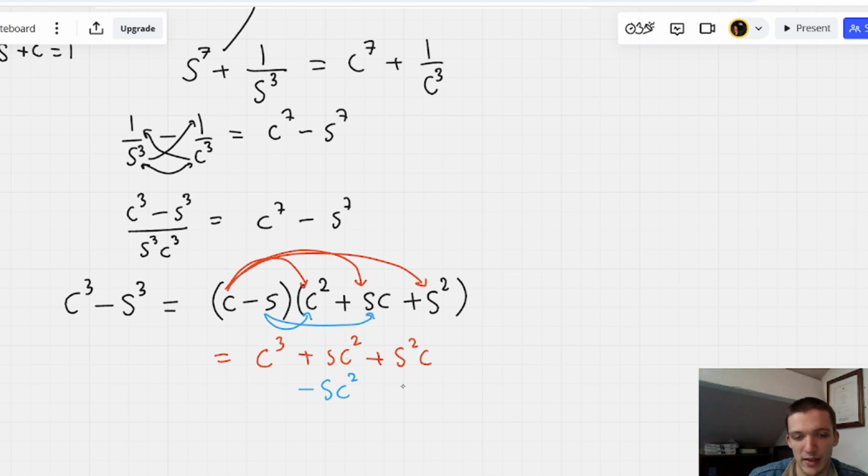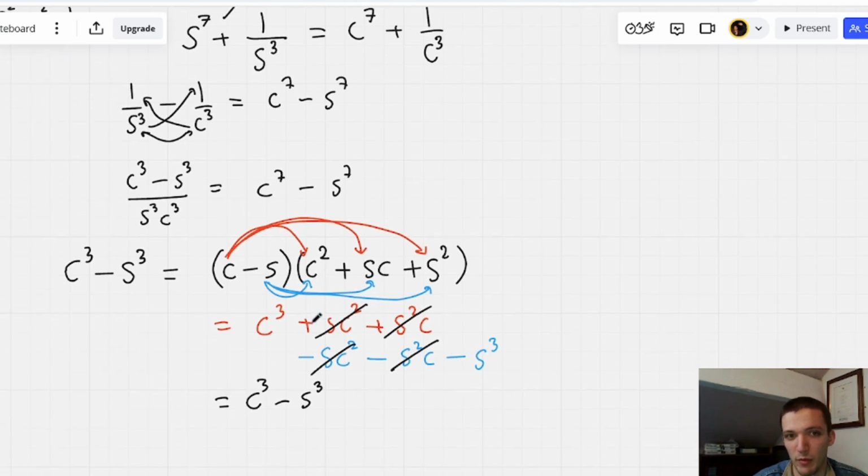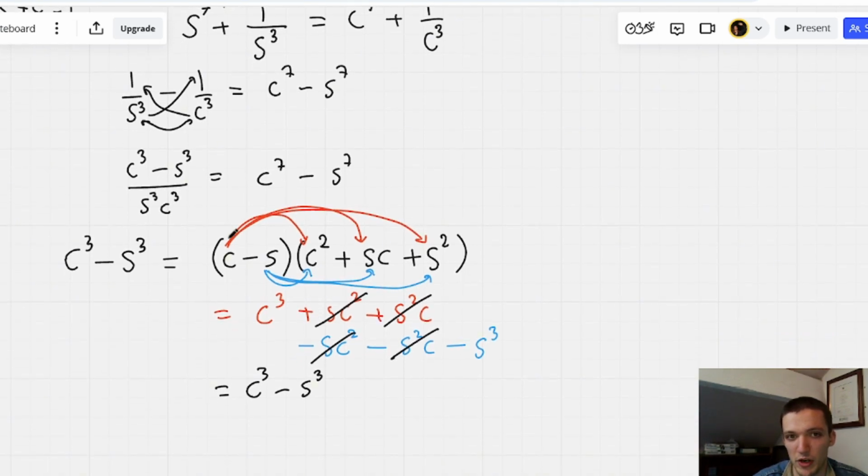Minus s times sc will give me minus s squared c, and we're looking good so far. And then this is going to give us a minus s cubed. And now, as you can see, plus sc squared minus sc squared, plus s squared c minus s squared c. And this is simply c cubed minus s cubed. So we're good so far. We've just factorised this polynomial.